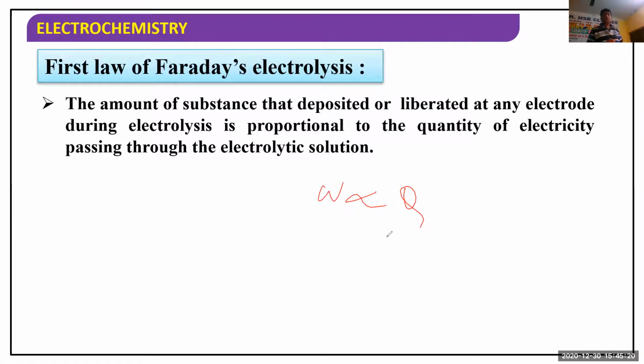If Q is the quantity of electricity in coulombs, then Q equals I into T.